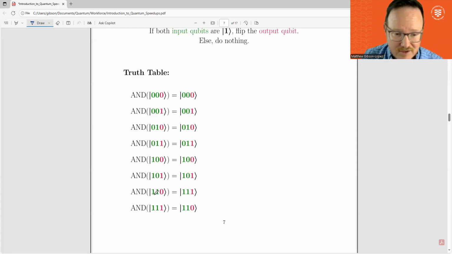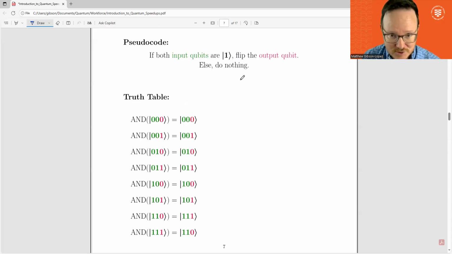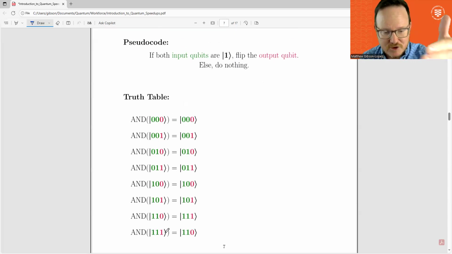So for example, 1, 1, 0 and 1, 1, 1. These are the situations where the AND evaluates to true. If I give it 1, 1, 1 as the input, then 1, 1 evaluates to true. That means, according to my pseudocode here, that I'm going to flip that output qubit. So this one will get flipped to a 0.